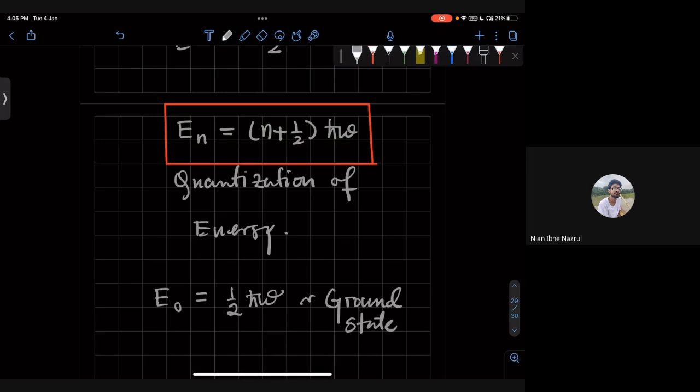And if you think a little bit, you can show that this is actually demanded by the uncertainty principle, because if your energy was 0, then it would mean that your momentum was 0, and then your position would not be constrained, but it's a bounded system, so you want your position to be constrained, and therefore you get a contradiction.